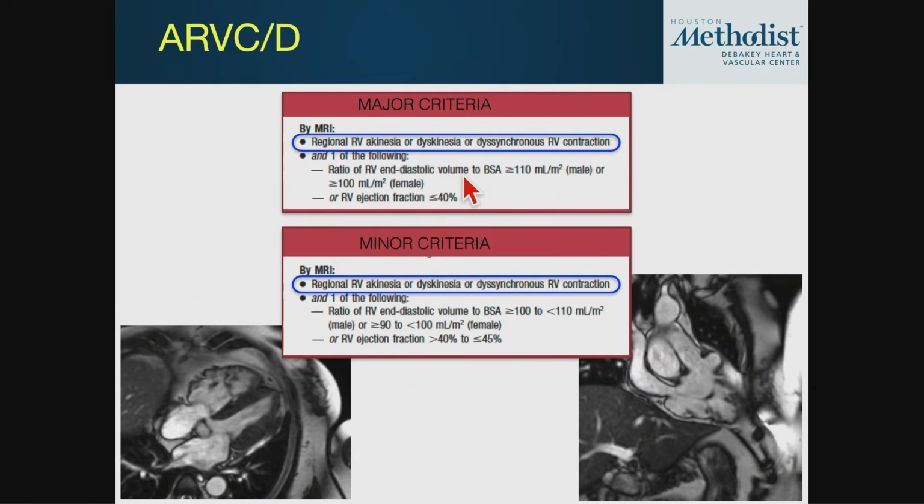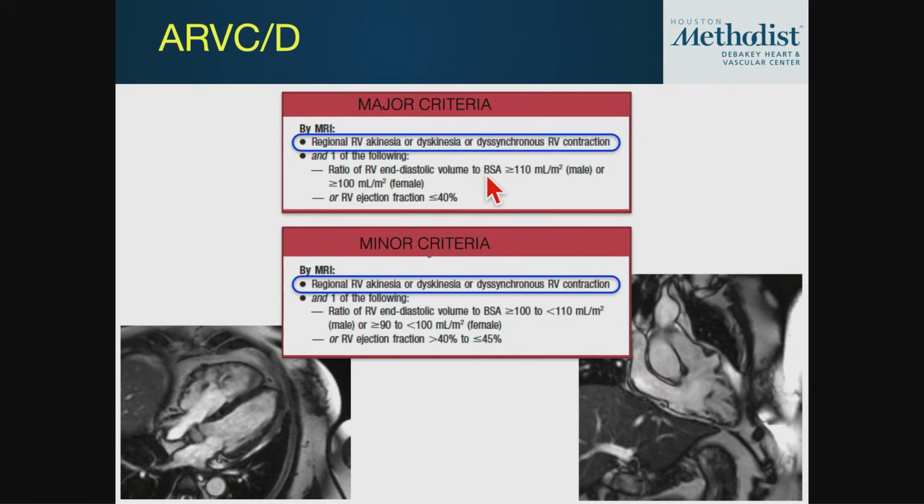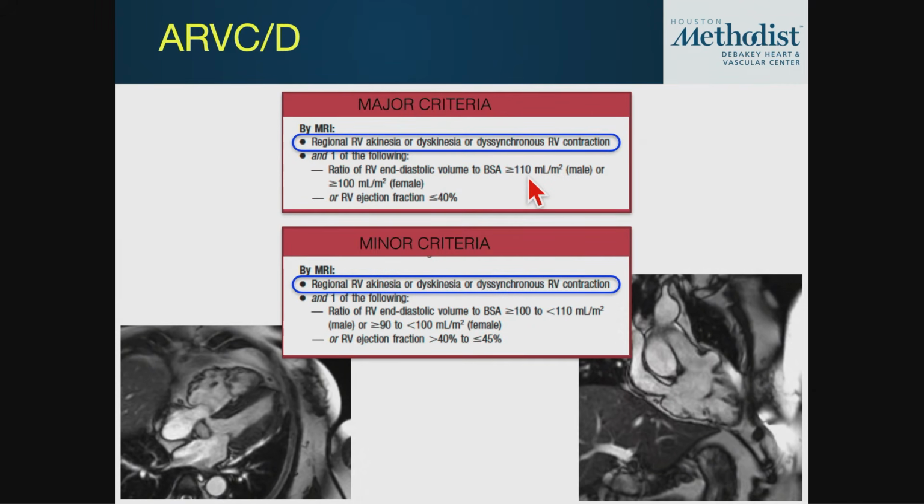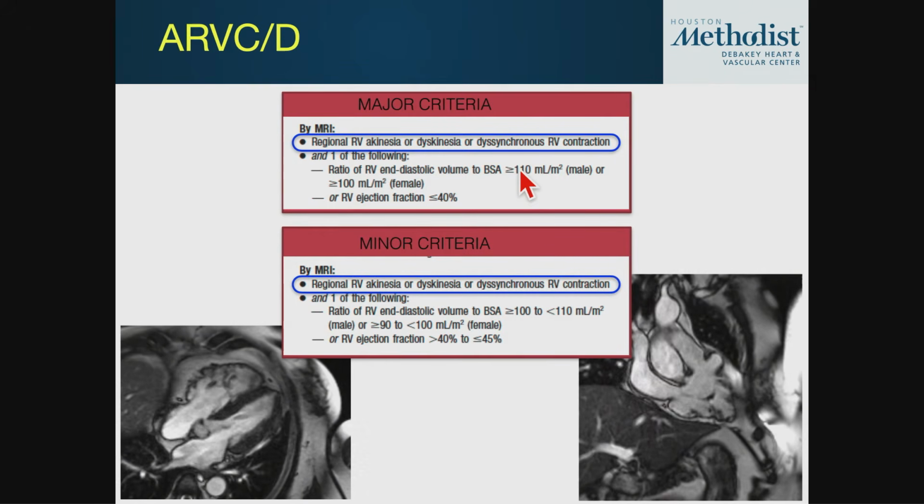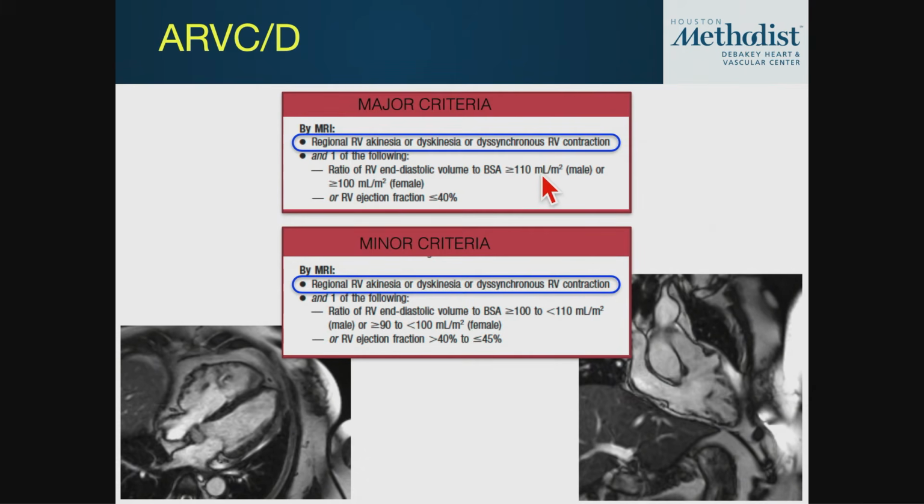Or based on dilatation, and for dilatation, it's if the RV end diastolic volume index, so again, you got to index this to BSA, and it's also sex specific, because remember I showed you earlier, men and women have different size right ventricles normally. So the threshold value is 110 milliliters per meter square for men, or 100 milliliters per meter square for women.